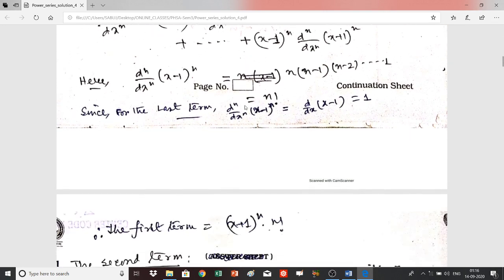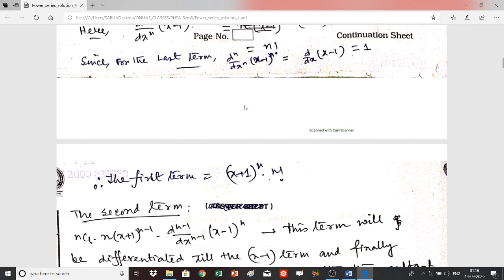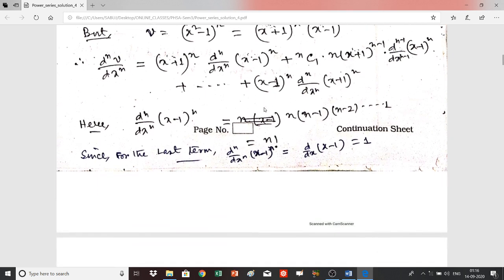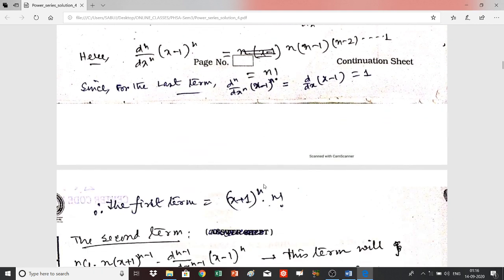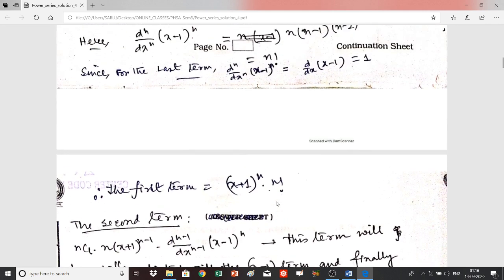Now the first term, that means (x plus 1)^n d^n by dx^n of (x minus 1)^n, will give you the result (x plus 1)^n into n factorial. And for the second term, what is the second term?